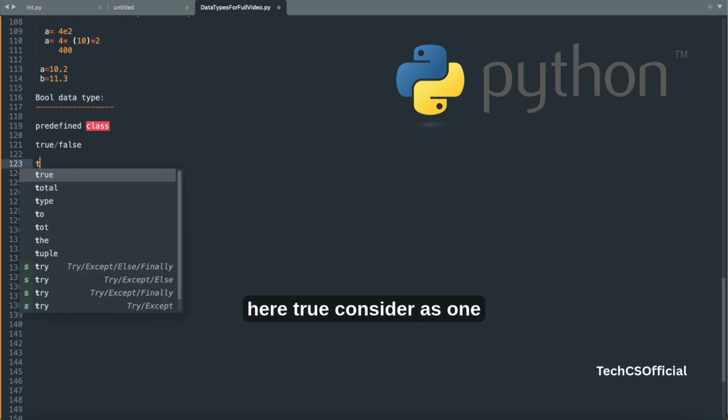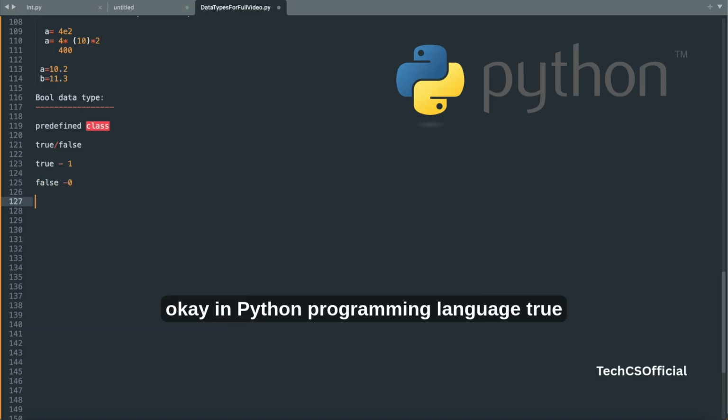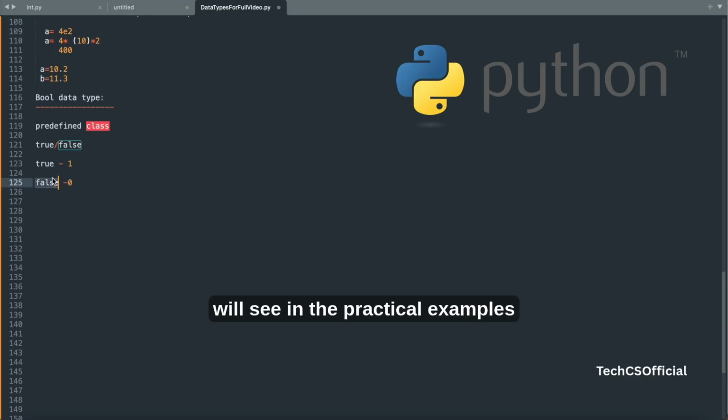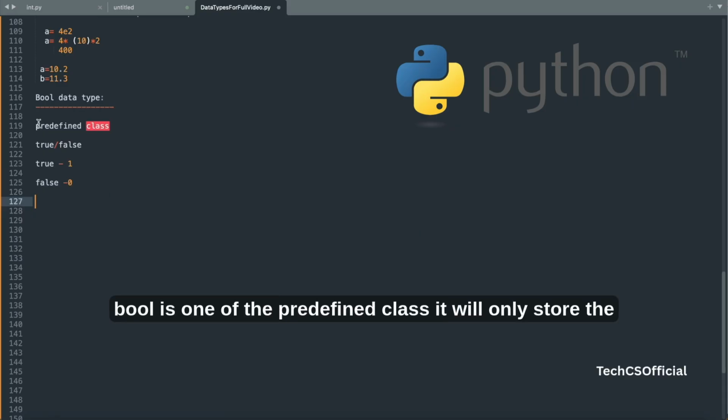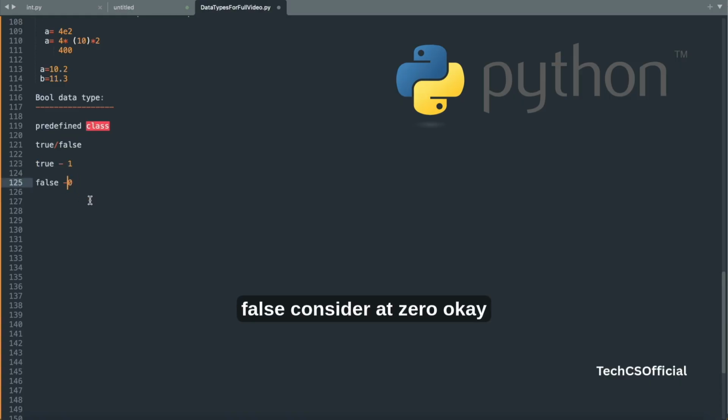Here true is considered as 1 and false is considered as 0. We will see this in practical examples in the terminal, then you will be able to understand. Bool is one of the predefined classes, it will only store true or false values. True is considered as 1 and false as 0.